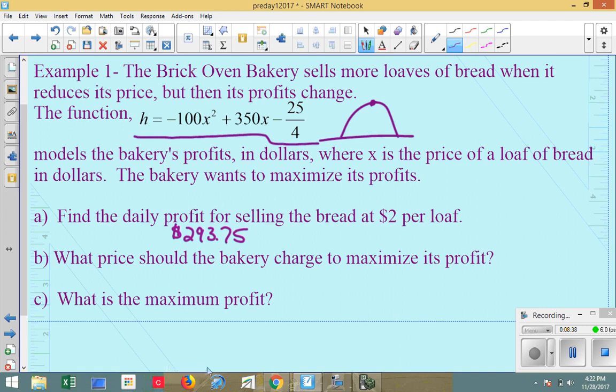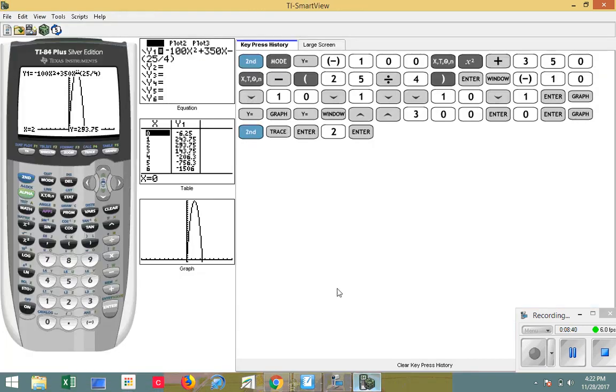So back to my calculator. Once again, I'm going to do second and then the trace button, the calculate screen. This time, though, I want the maximum because the vertex is the highest point on the parabola. If this had been a right side up parabola, I would be using minimum, but it's the maximum. So I'm going to hit number 4 for maximum.